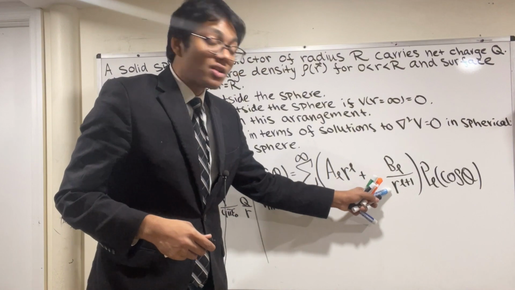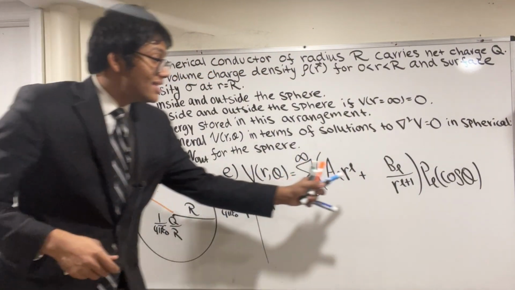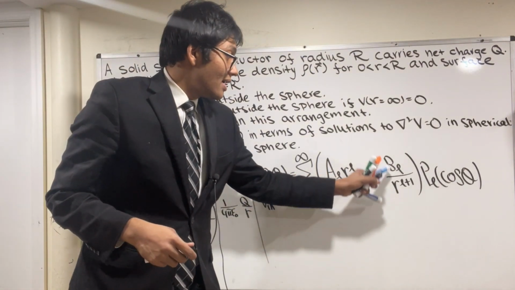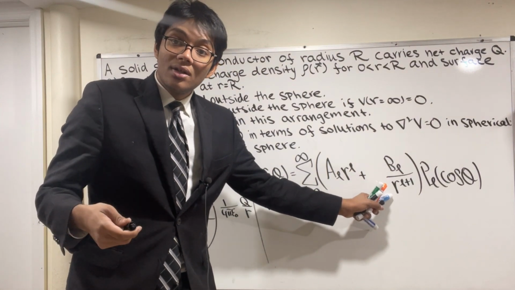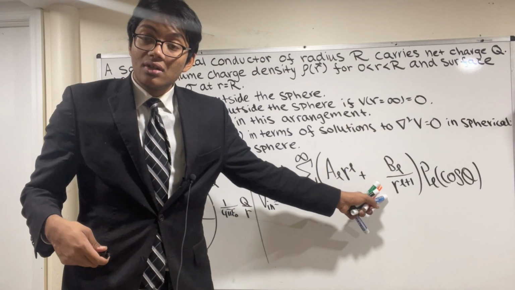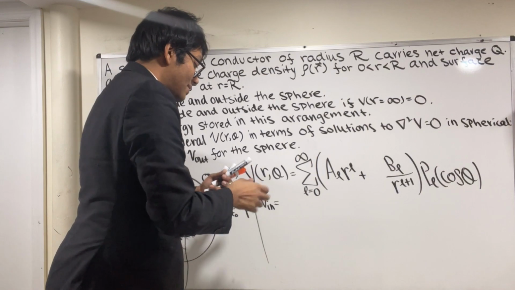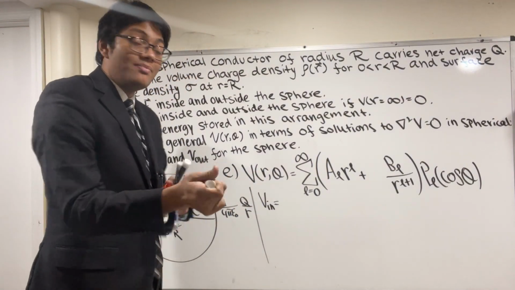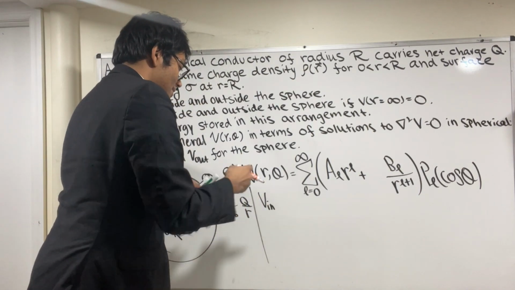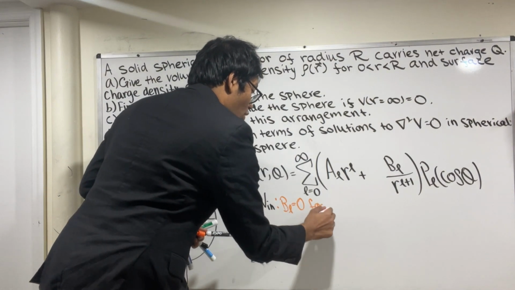Because as r, the radius, gets smaller, as I'm going inside and inside, this term is going to get bigger and bigger. As I go inside, r gets smaller, and 1 over r to the L plus 1 gets bigger. This term is going to approach infinity at the center of the sphere. So this term has to die. It has to go. So the electric potential inside must not have any B sub L terms. In other words, for the electric potential inside, B sub L equals 0 for all L.